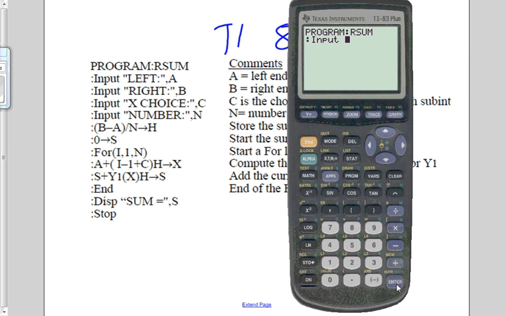So press enter, and we need to put parentheses. So we have to press alpha parentheses, and then we're going to do left. So I think it's helpful to do an alpha lock. So press second alpha, and we're going to spell out left.